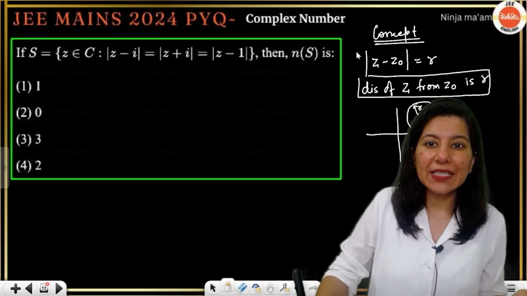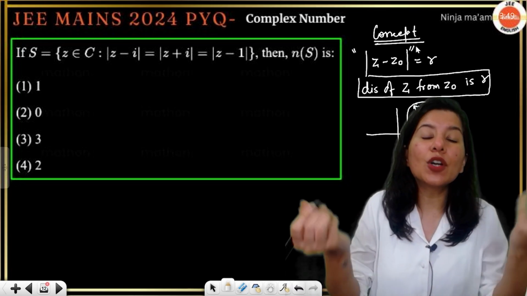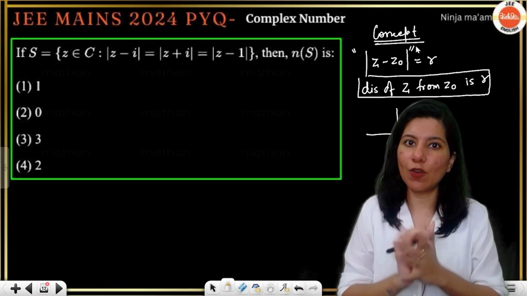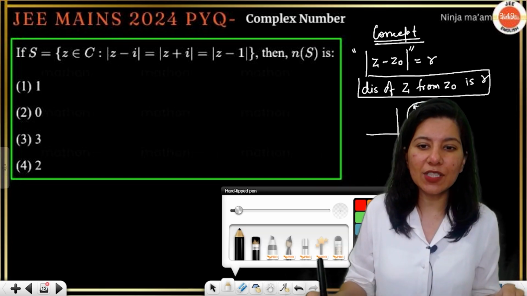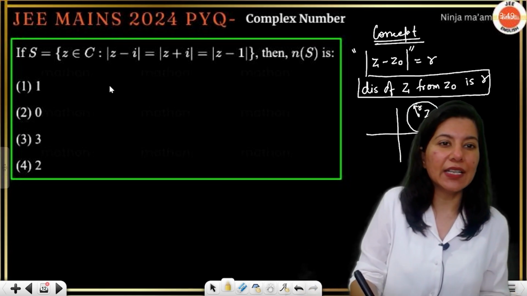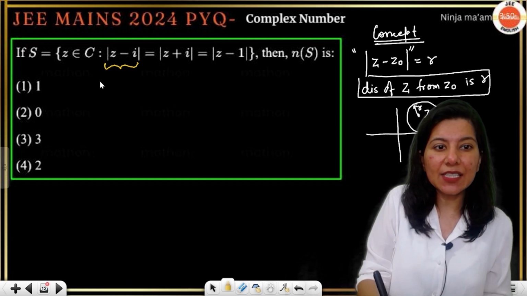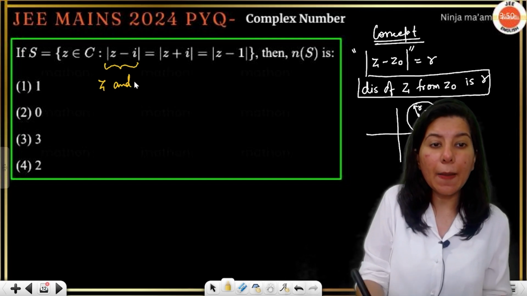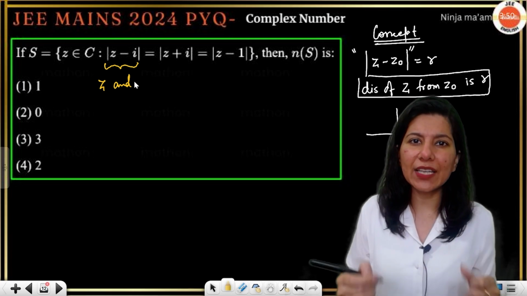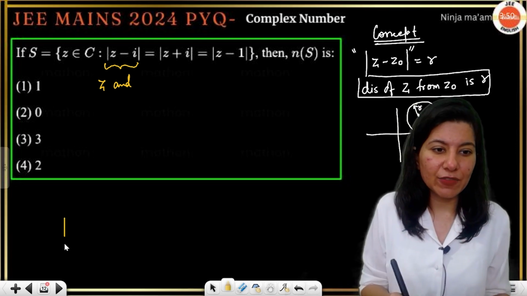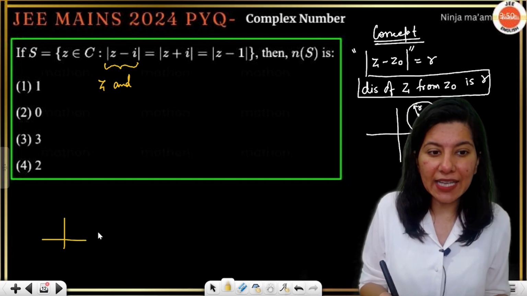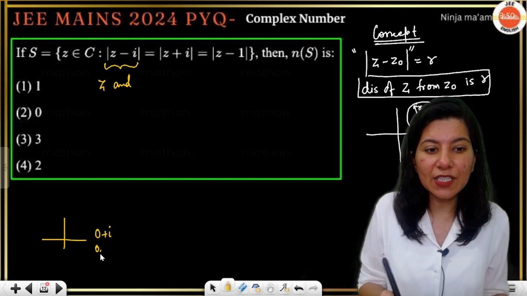So basically mod of z minus z naught is the distance between z and z naught. I hope you understood this point. Let us apply this here. This is the distance between z and iota. Iota is actually 0 plus iota, that means the point (0, 1).